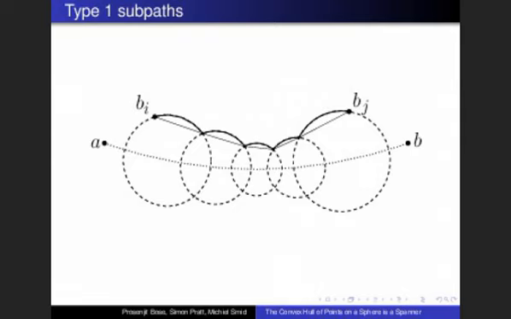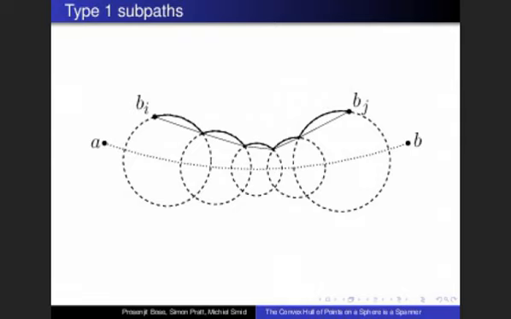It should be fairly clear that our subpath begins with BI and ends with BJ, and it follows those what look like straight lines in this diagram from circle to circle.